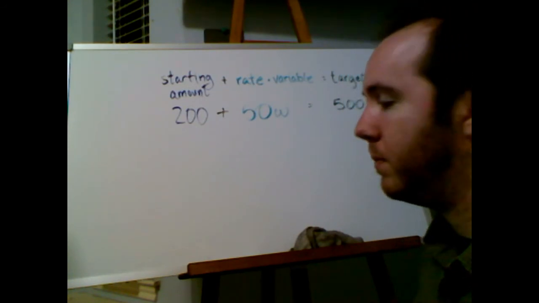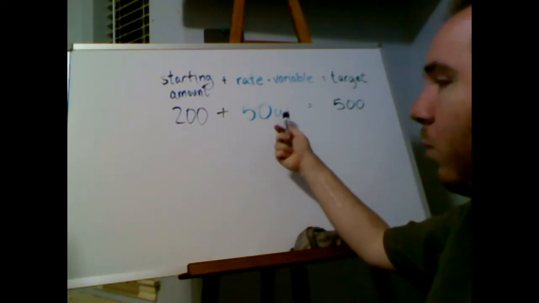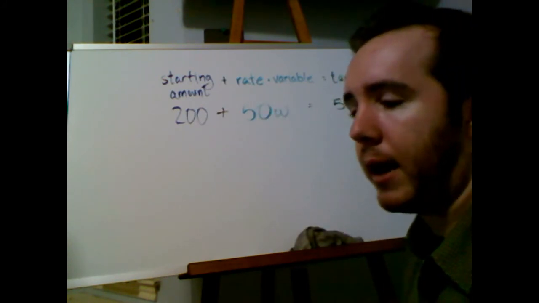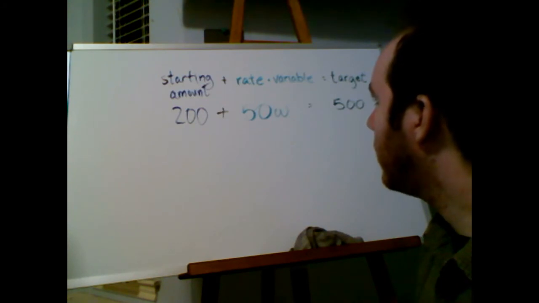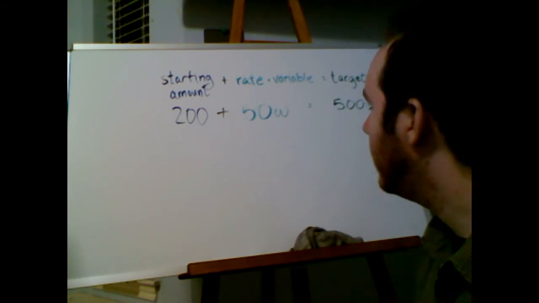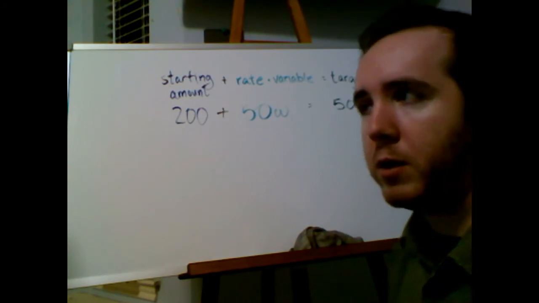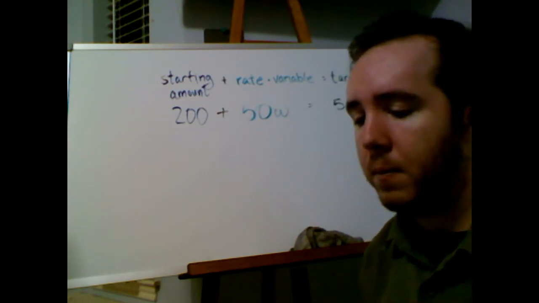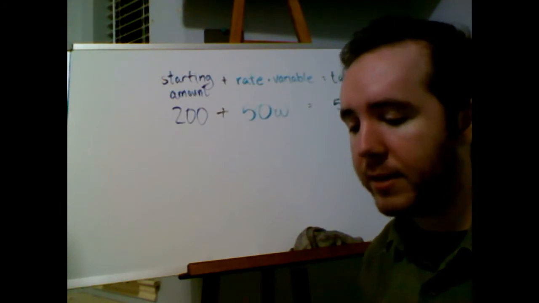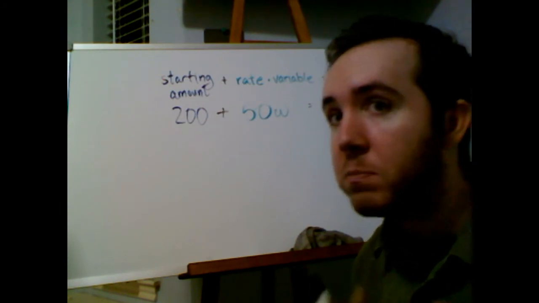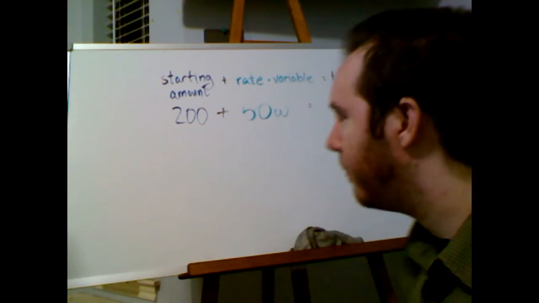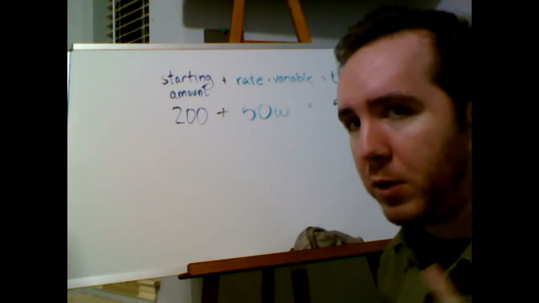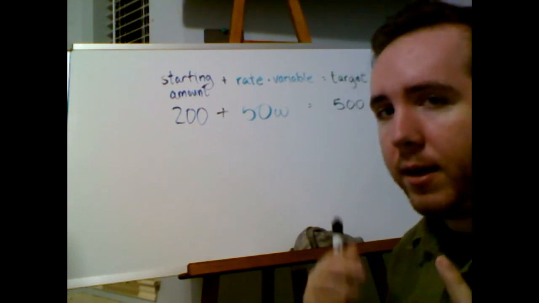Now say we want to know what W is going to be. Well, you have the 200 and you say that I need a total of 500, but I can kind of put the 200 away. That's already set. How much more do I need? What is the difference between what I have and what I want?